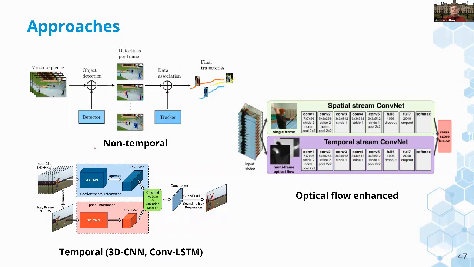On the other hand, there are temporal approaches that heavily utilize the temporal nature of the videos. They use neighboring frames from the videos and try to incorporate this information using 3D convolutions or ConvLSTM to enhance predictions from our single frame, and hence make our object detection model more robust to different kinds of noise that come up to us from the video.